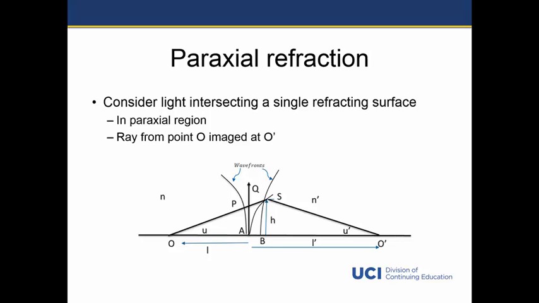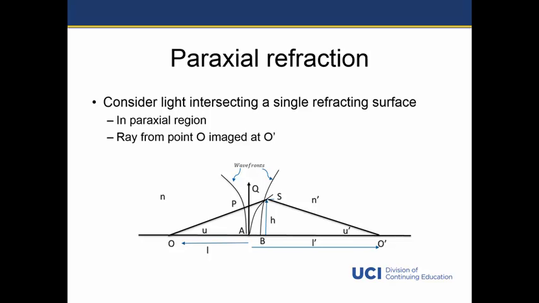If we have some point source at some location, in this particular case at a near distance, emanating from that point source location will be wavefronts, and those wavefronts ideally will be spherical. What we would also like ideally is once the rays or the wavefront, however you want to think about it, has propagated through the optical component, we'd also like to have spherical wavefronts converging towards our image location.